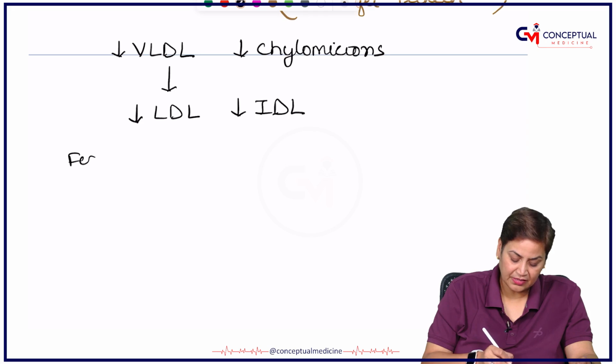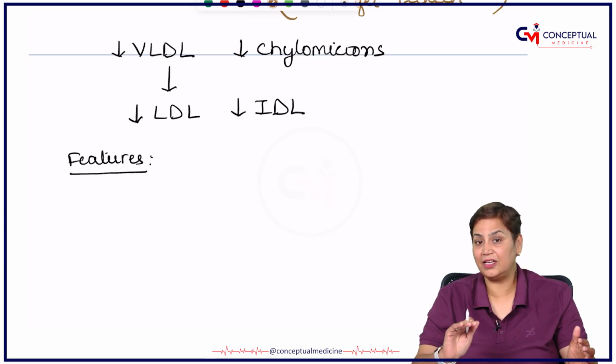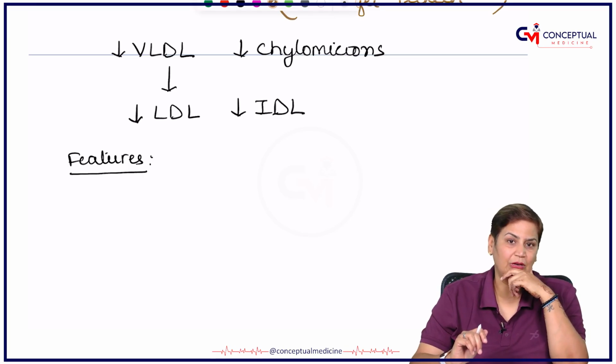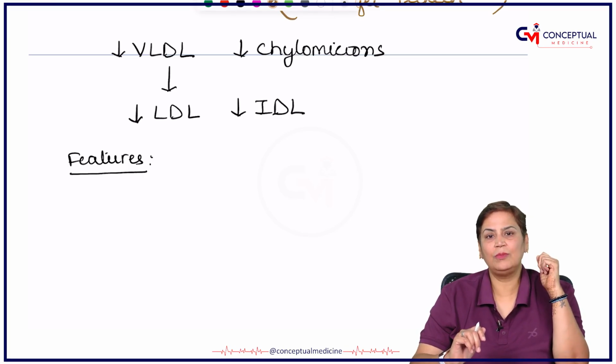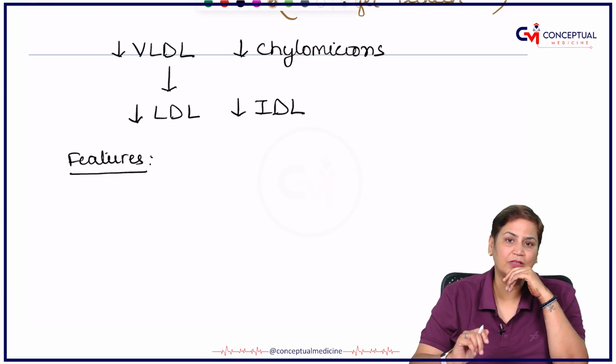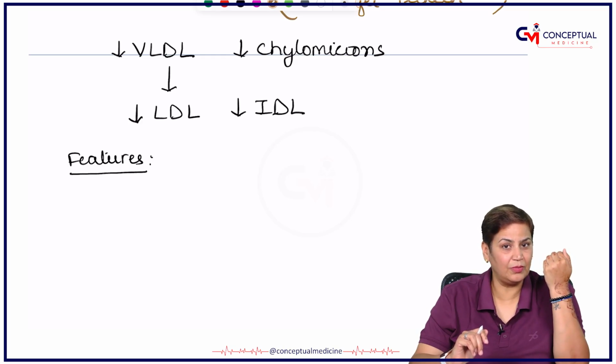What will be the features? Whenever there is decreased concentration of chylomicrons, fat-soluble vitamins are affected, because fat-soluble vitamins are actually transported in the form of chylomicrons. That is the main difference between water-soluble and fat-soluble.